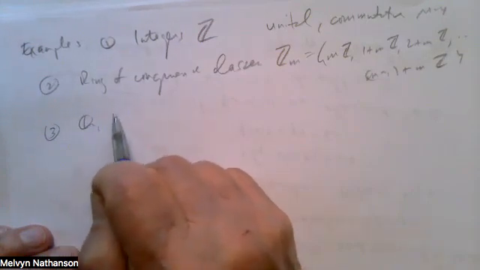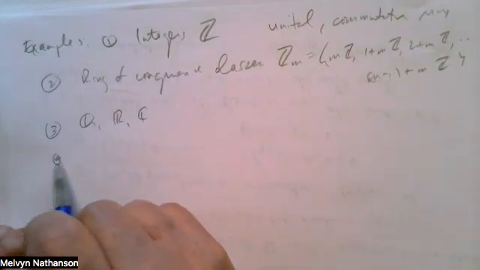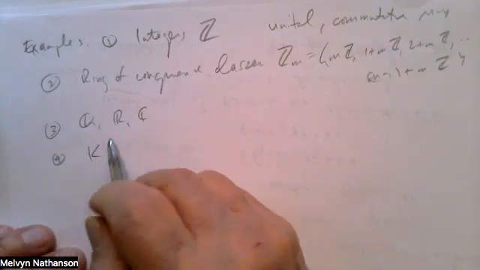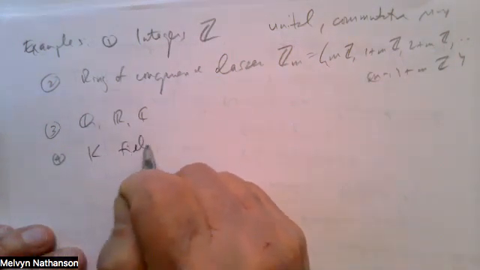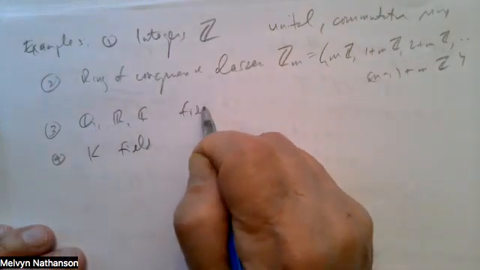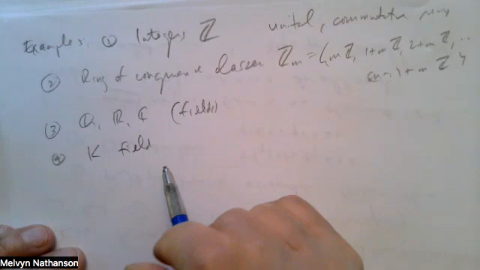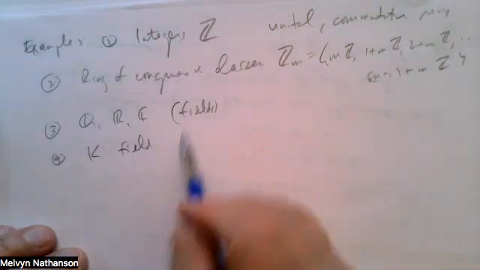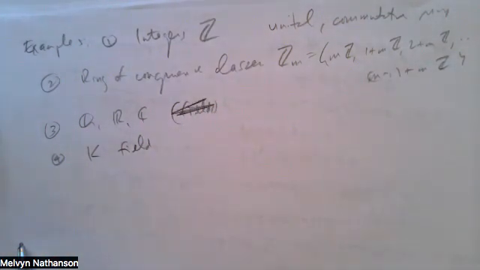The rational numbers, the real numbers, the complex numbers are unital commutative rings. If K is a field, say, so these are examples of fields, I'll mention that in a moment, or maybe not even say that quite yet.